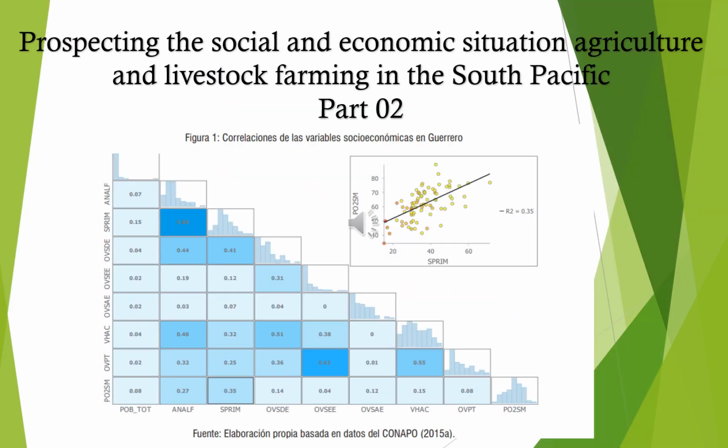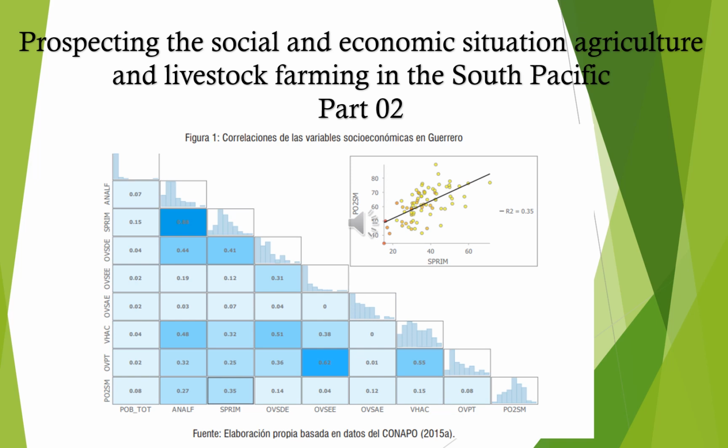In this figure, you can see the main socioeconomic characteristics of Guerrero. It is evident that there is a strong correlation between the variables of percentage of illiterate population aged 15 years or more and percentage of population aged 15 years or more without completed primary education.